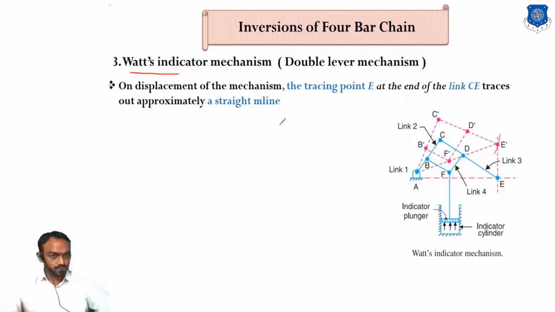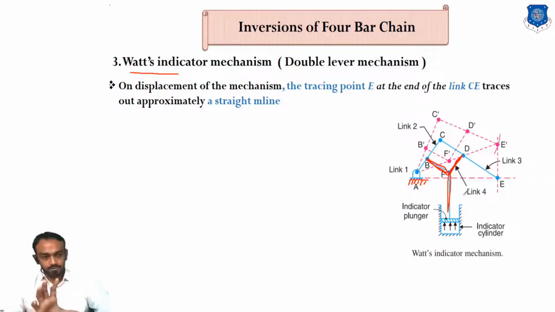Watt's indicator. In this you can see link number 1 is the fixed frame, it is always link number 1. Link number 2 is here, link number 3 is C, and link number 4 is this total Y. So these 4 links are there, but there is no rotary motion in this mechanism.